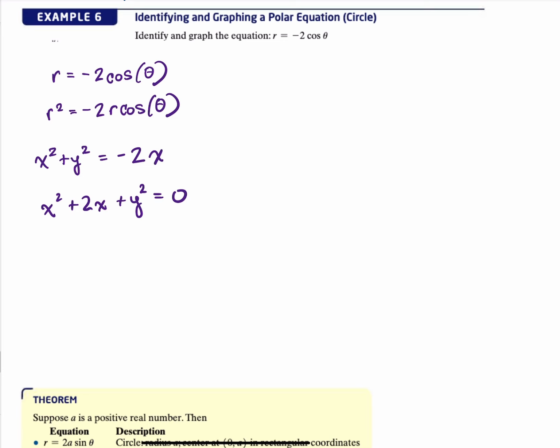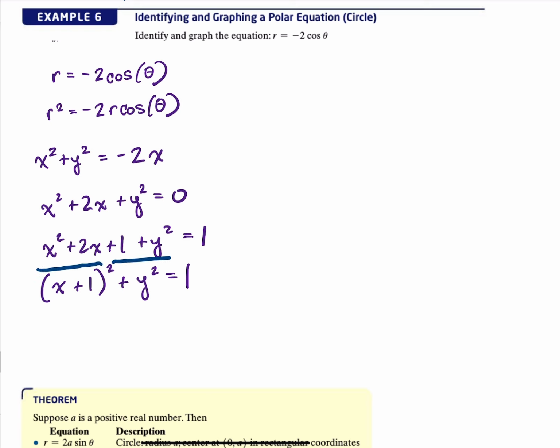So 2 divided by 2 is 1, 1 squared is 1. So we'll add 1 to both sides. This will factor into x plus 1 squared. So we get our transformed equation, another equation of a circle.